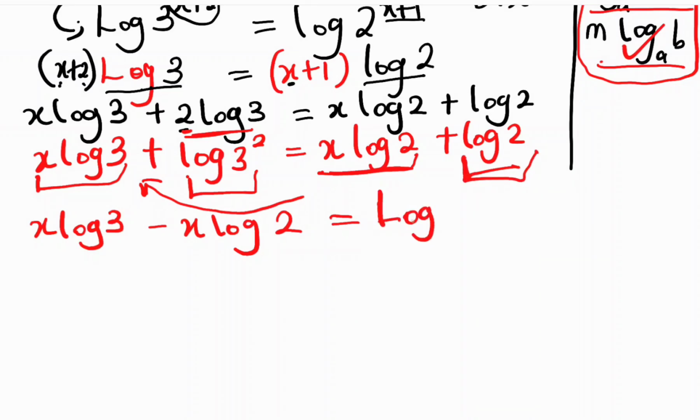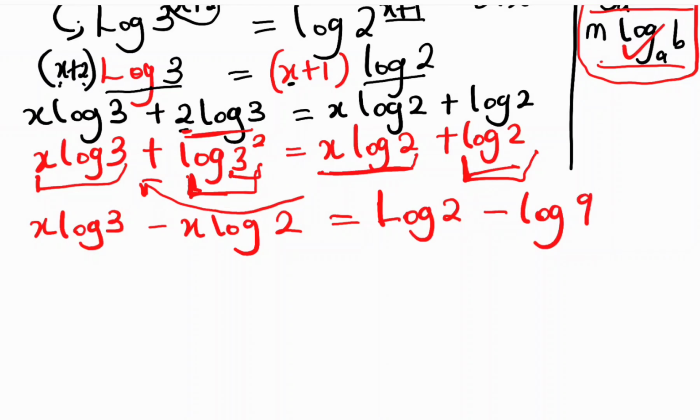So we write log 2, and this particular log 3 to the power of 2 will now cross the equality sign, also getting minus. Remember 3 squared is 9, so minus log 9.